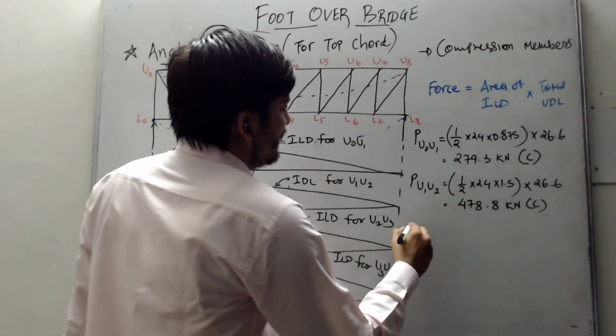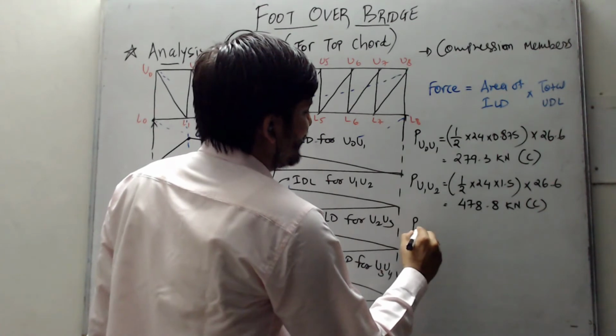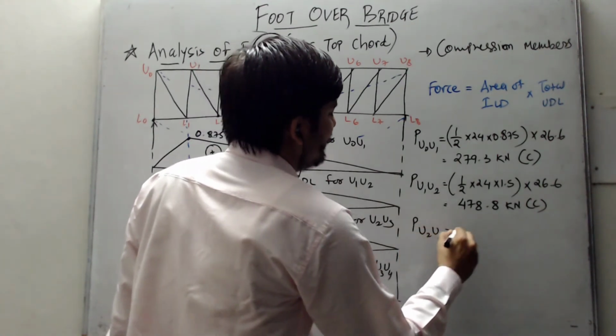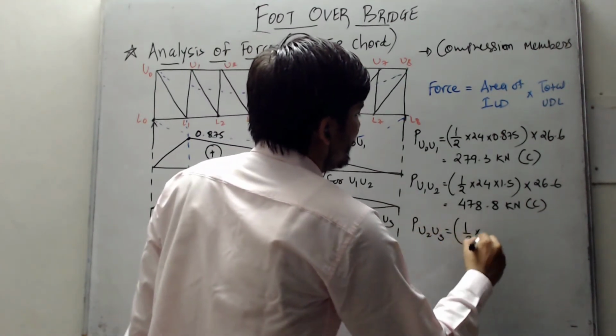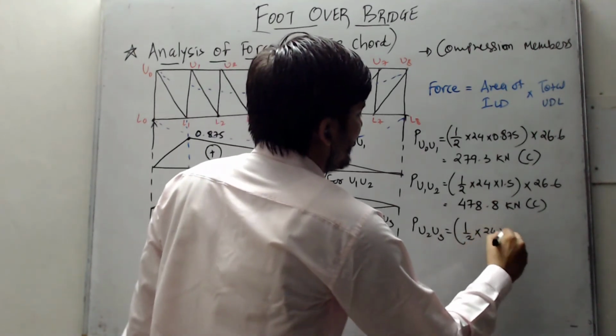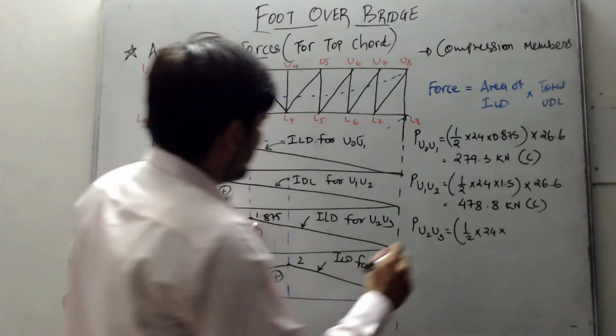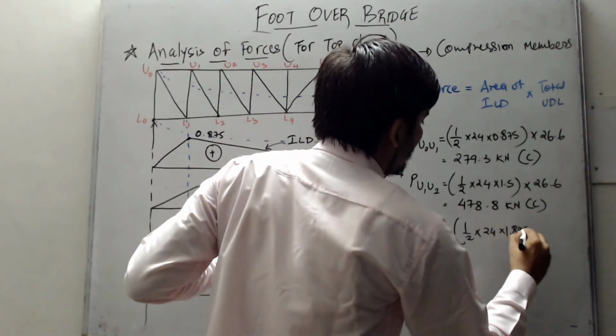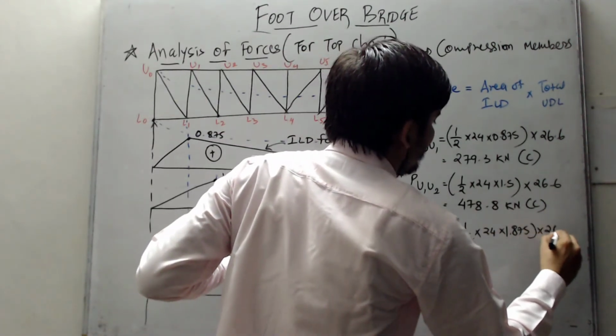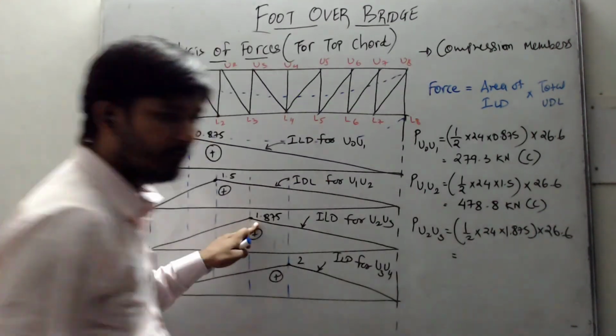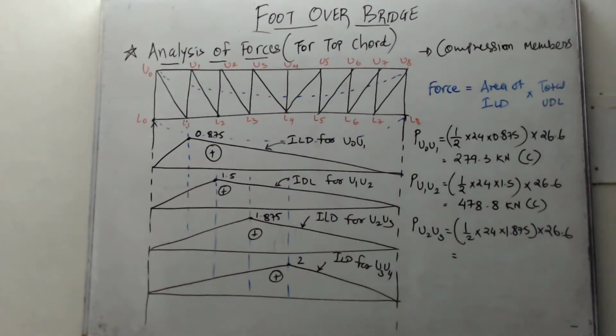Moving forward, force in U2 U3 will be 1/2, base is 24, and height of this triangle now is 1.875, multiplied by 26.6. So you will get your value for U2 U3 as 598.5 kilonewton.